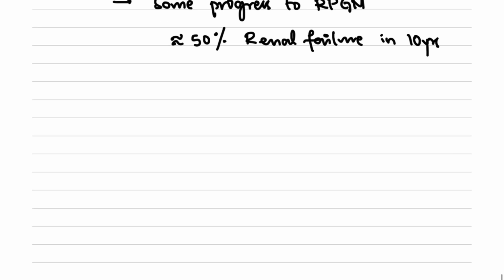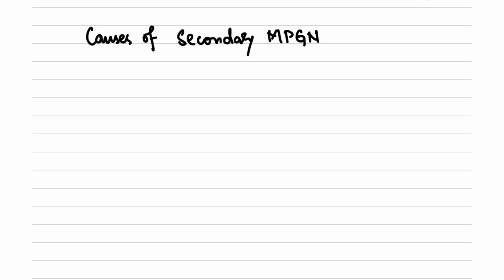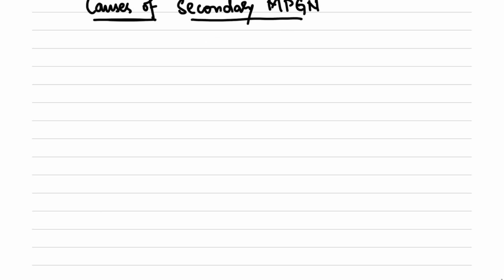Let's see the causes of secondary MPGN. Primary we have just discussed, this is due to immune complex deposition. Secondary, how will it occur? We have chronic immune complex disorders, for example SLE.